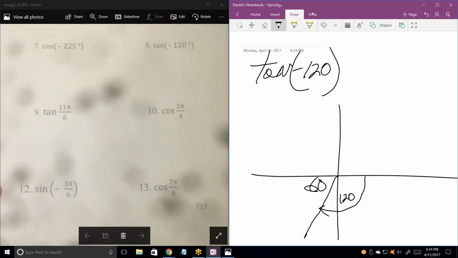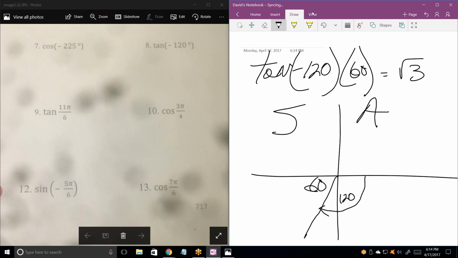It's the tangent of 60. Tangent would be √3. Plus or minus? It would be minus. Oh, no, it's plus because you're in the tangent quadrant: all students take calculus.